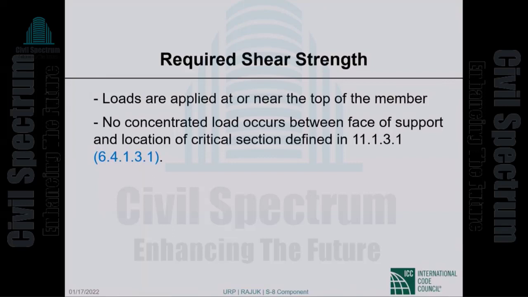No concentrated load occurs between the face of support and the location of the critical section. This is extremely important. You cannot take the critical section 1d away from the support face if within the distance d we have one or more concentrated loads sitting on the beam.